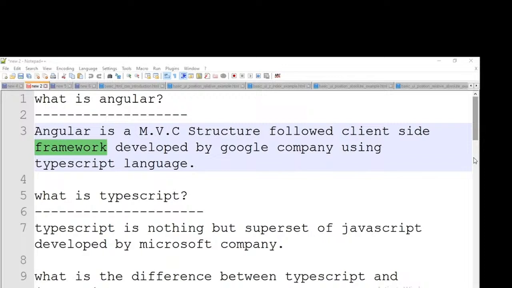So if you choose any core language, you have to give the basic structure related to application performance and application security.